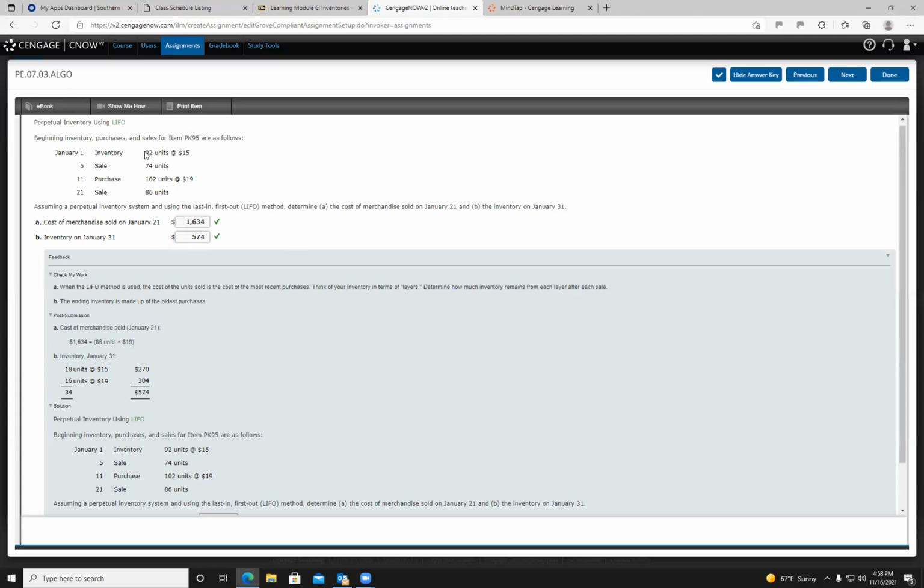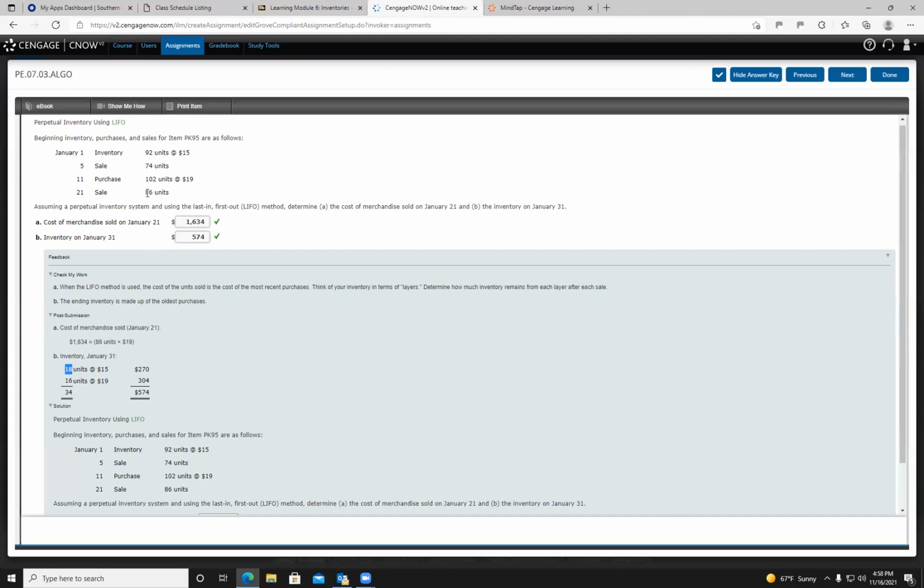The only inventory we had on hand at the time were the units at a value of $15 a unit. So let's take 92 units and subtract out 74. That's going to give us 18 units. So of this inventory, we had 18 units left.